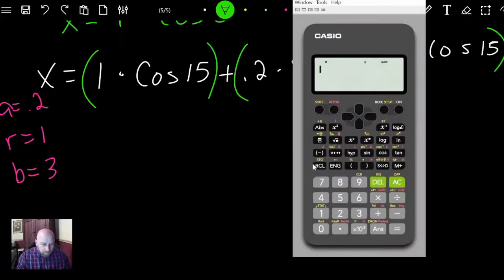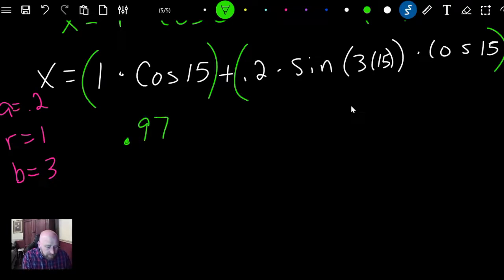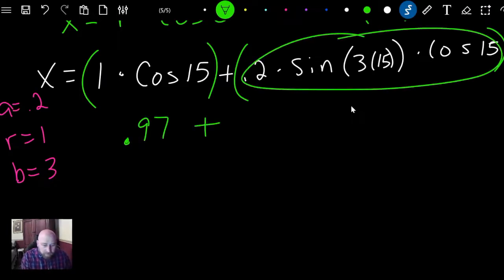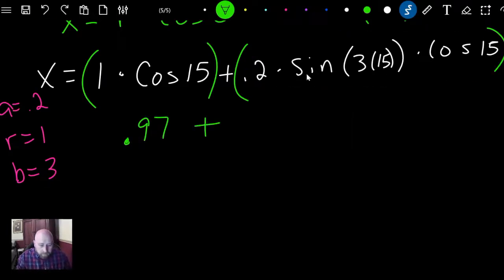All right, so the first thing we want to do is the cosine of 15. Cosine 15 equals, well, that didn't help us very much. There we go, we'll do them in decimals. So we get 0.965, 0.97, we'll call that. So 1 times that is just going to be 0.97. So 0.97 plus this right here. I'll just do these separately.